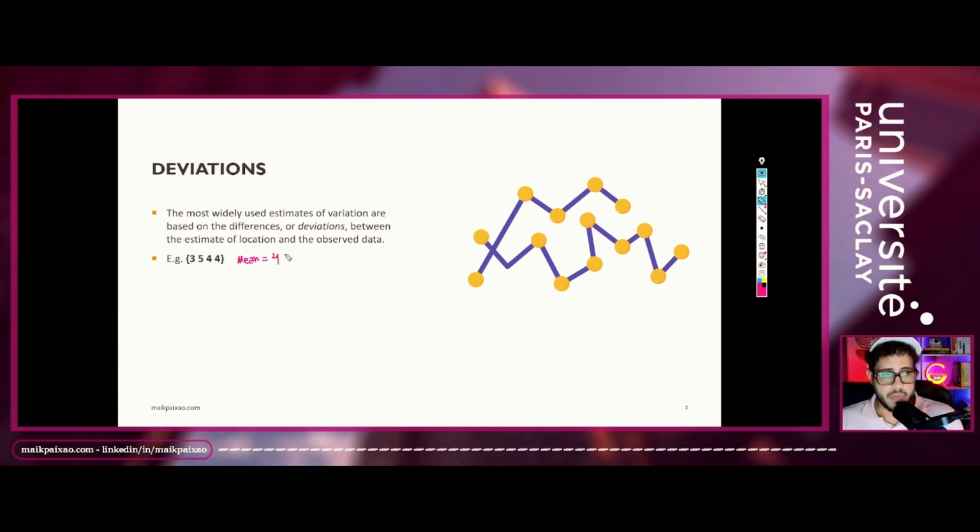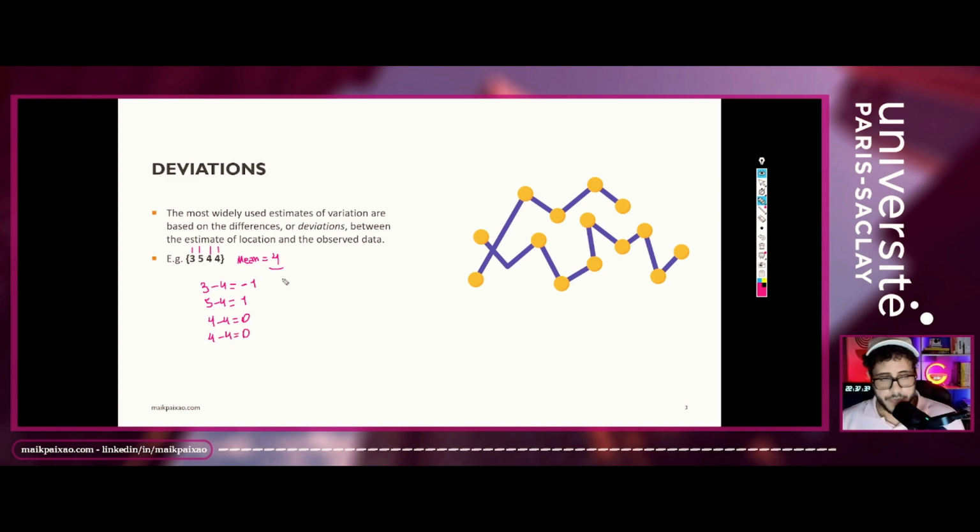So to calculate the deviations, we need to calculate the difference between this local estimate and each of the values in our set of data. So we would have 3 minus 4, that would result in -1. We would have 5 minus 4, that is equal to 1. 4 minus 4 is equal to 0, and also 4 minus 4, that is equal to 0.